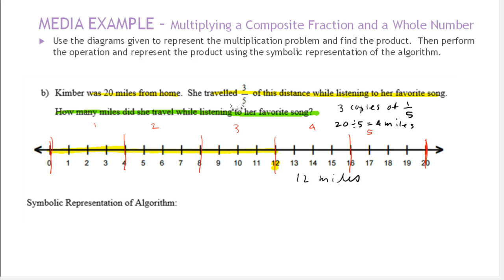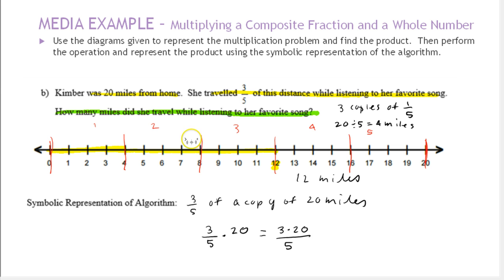Now how does this correspond to the algorithm? We're finding 3/5 of a copy of 20 miles. So we have 3/5 times 20. I'm going to stop writing it over 1. You can still do that if you want. So it's 3 times 20 over 5.